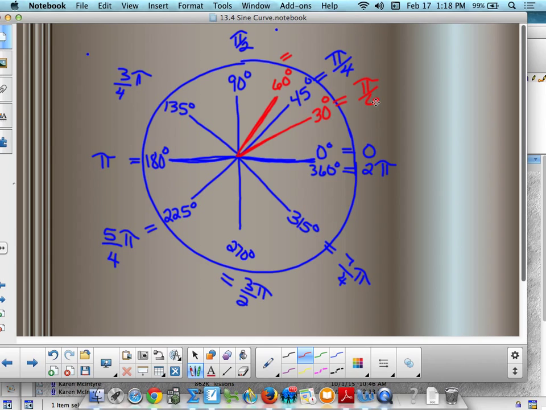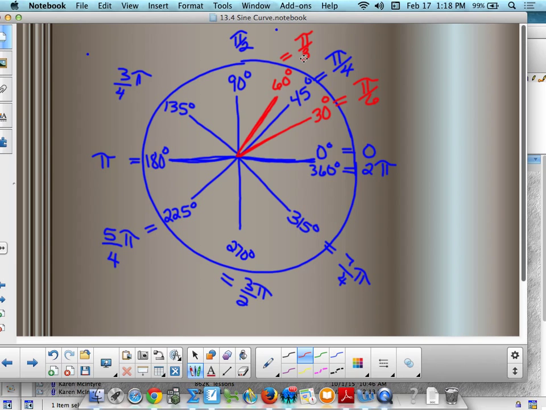Then I'd go 30 degrees more, right here, up to 60. I just count by 1/6. 1/6 plus 1, that'd be 2/6, right? But what's 2/6? 1/3. So that 60 is just pi over 3. 1/6, 2/6, 3/6 is pi over 2.